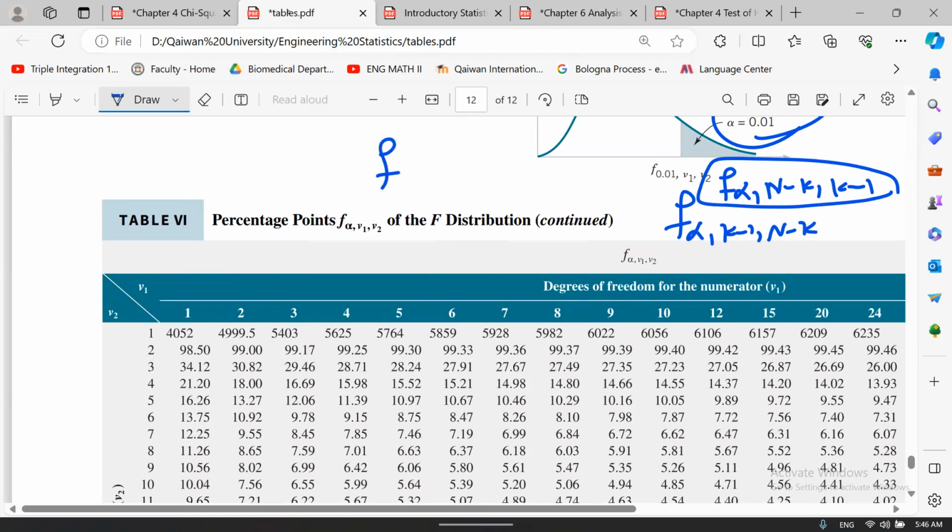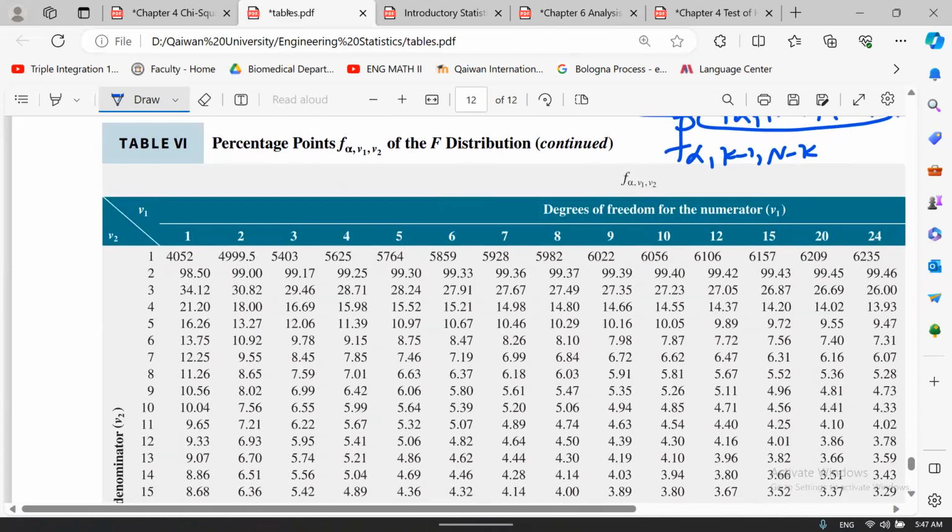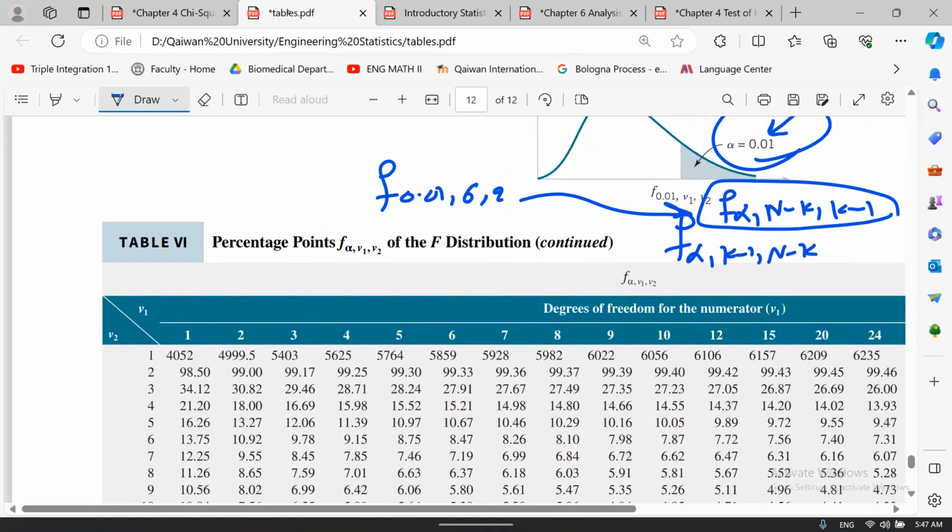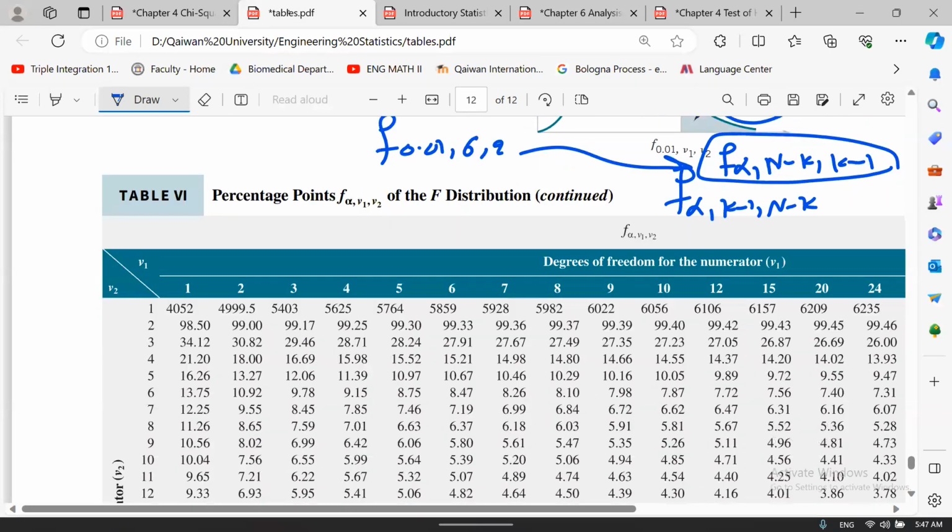This is F of 0.01 for the wrong one. Let's see if we get 10.92 or not. 0.01. This is the table. 6 horizontally. This is 6. And 2 vertically. Sorry. Yeah, 2 vertically. We look for 2 here.